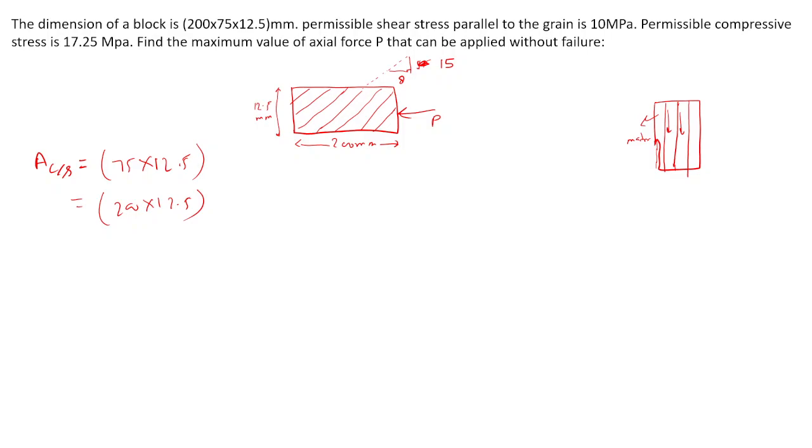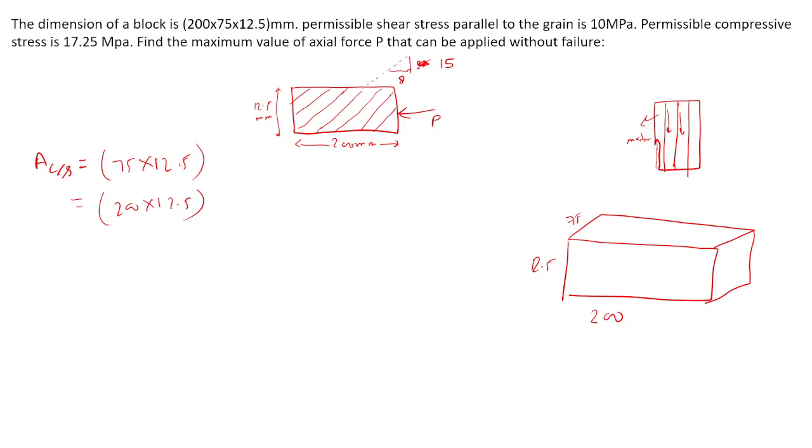This is the length of the block. If you see the cross section, make the profile of that. Now it might be clear maybe. This is 200, this is 12.5 and this is 75. So what would be the cross section now? 75 into 12.5.